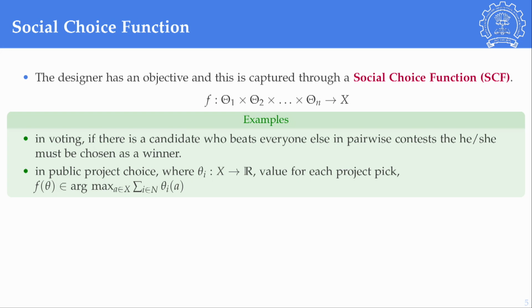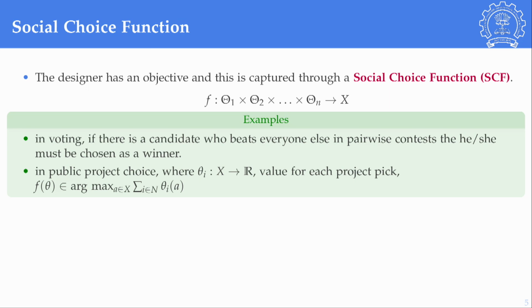It might not happen. You might have a preference profile of these agents where there does not exist any candidate who beats everyone else. In that case, the social choice function is silent. You can choose anybody. So this is one example from the ordinal world.